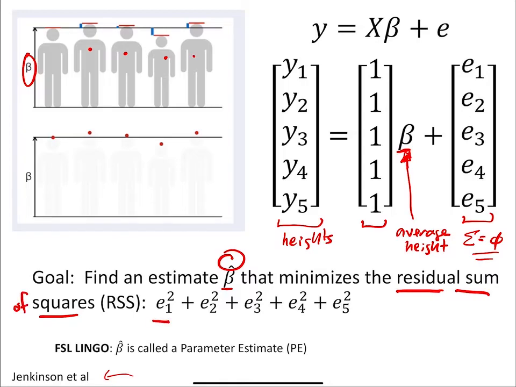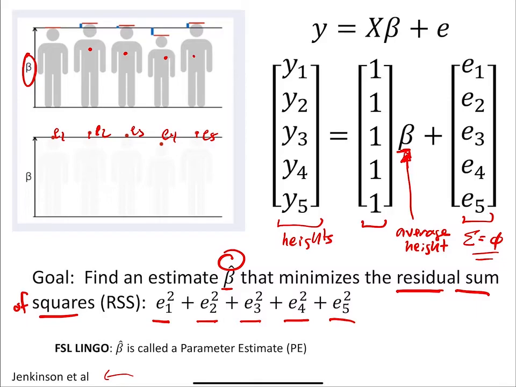So it's E1 squared plus E2 squared plus E3 squared plus E4 squared plus E5 squared. Each of these deviations is E1, E2, E3, E4, E5. The distance between each of those dots and the line is the error.